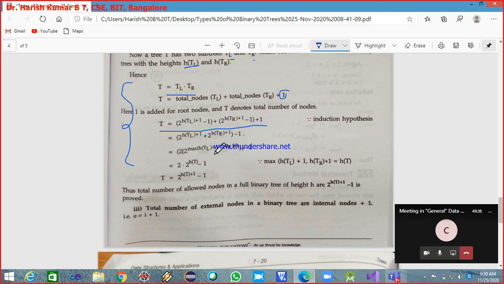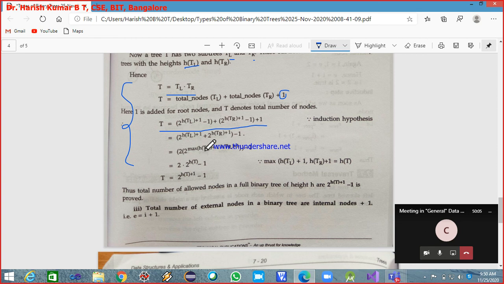Okay. So taking 2 as the common factor, this is what I am getting: 2 into... one second. I am taking the max of these two, the maximum height of what?